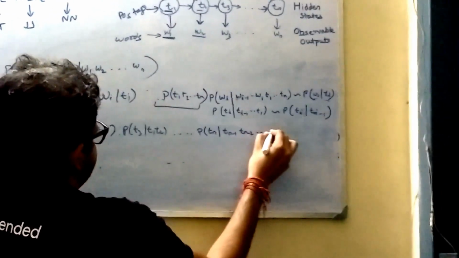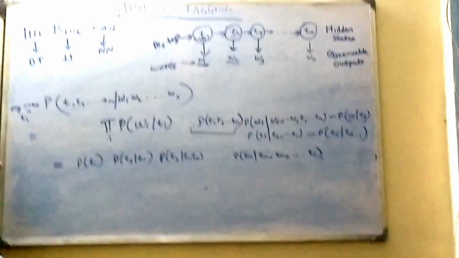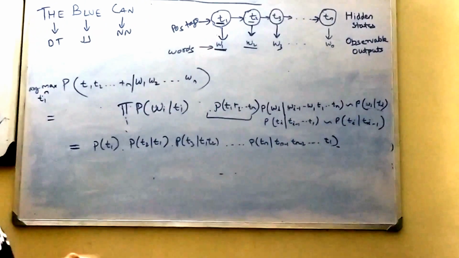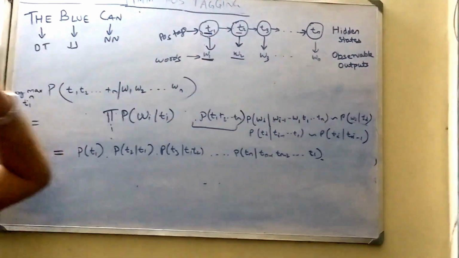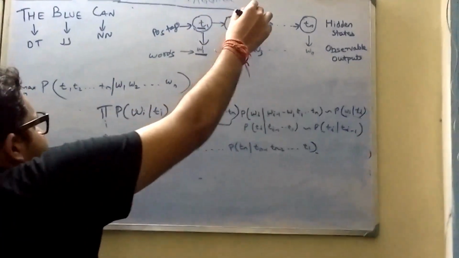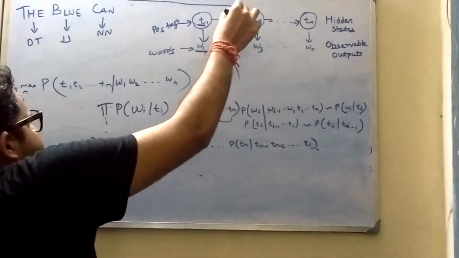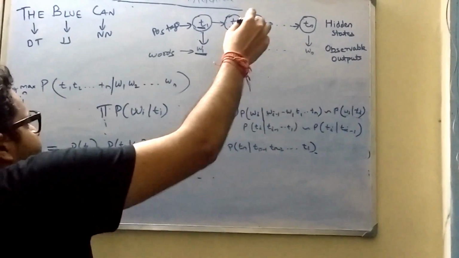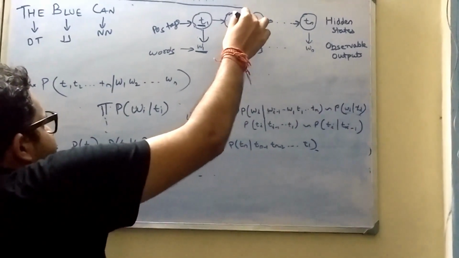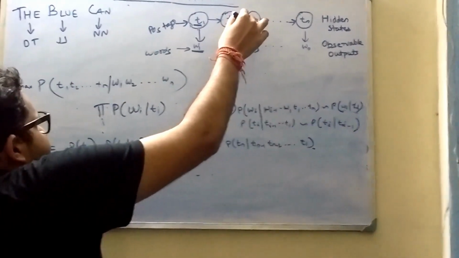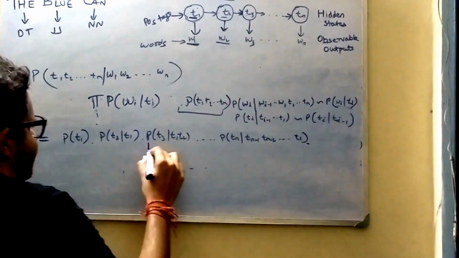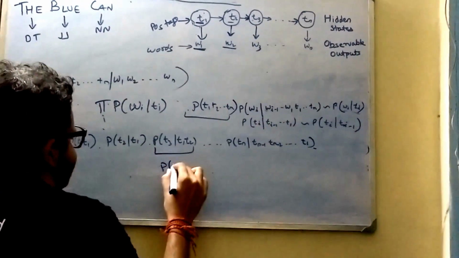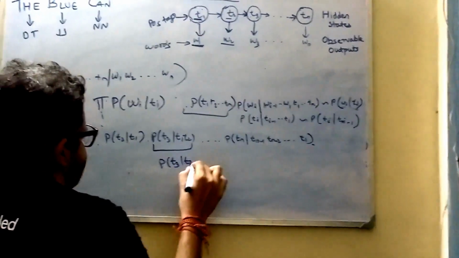Now, since we assume in hidden Markov model a system to be a Markov process, the future state of the system solely depends on the current state of the system and not its past state. So from t2 you can only go to t3, and t3 will not be influenced by t1. So this can be approximated as P of t3 given t2.